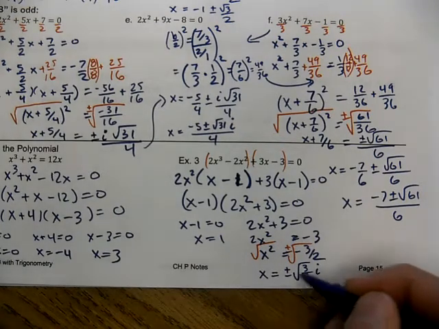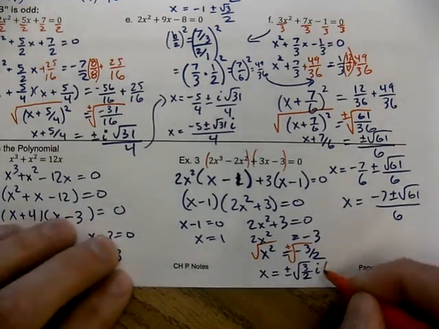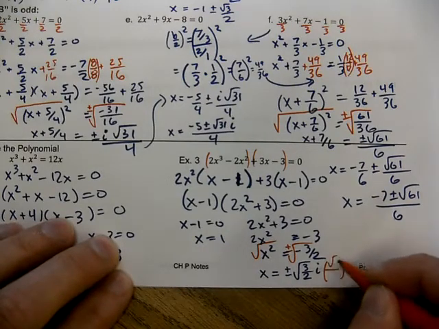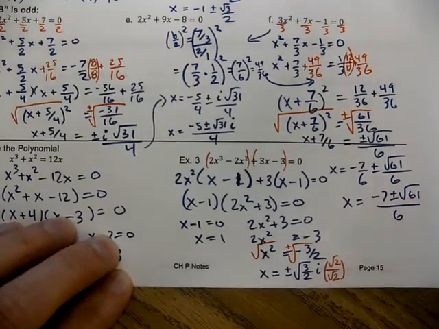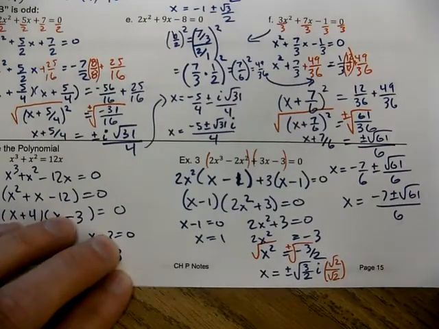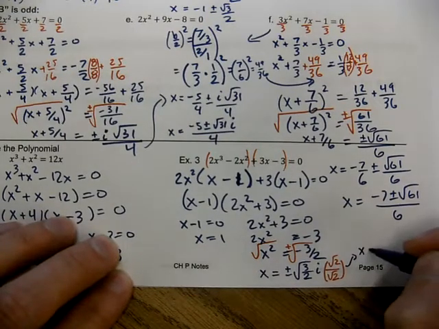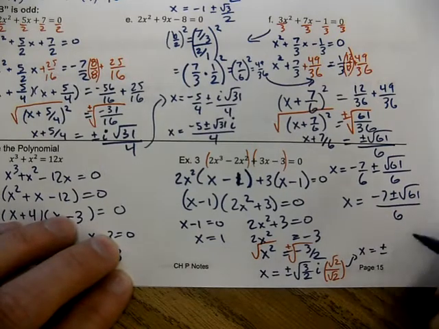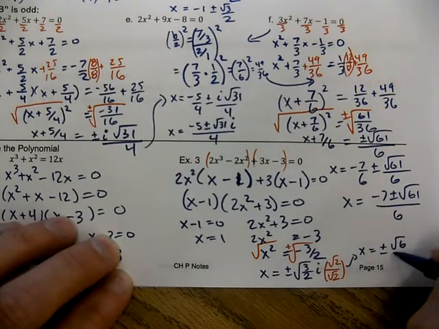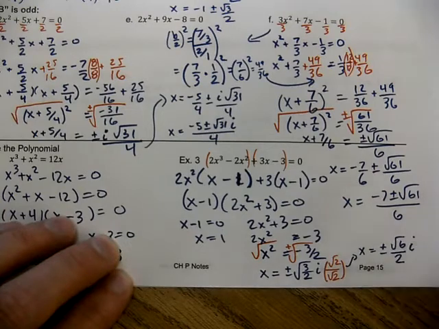So we're going to rationalize the denominator by multiplying top and bottom by root 2. So this is just to adjust the format here. So that means we're going to have x equals plus or minus root 6 over 2 times i.